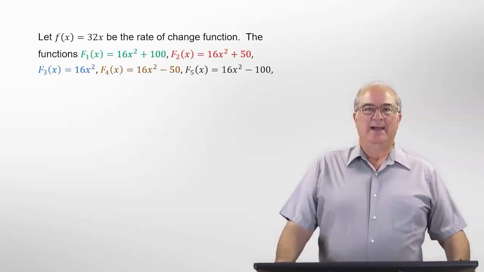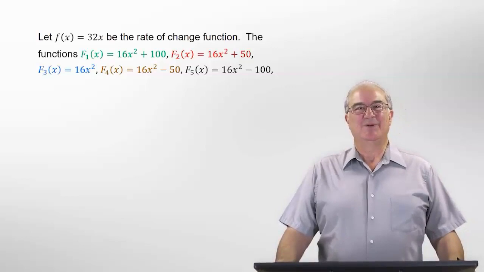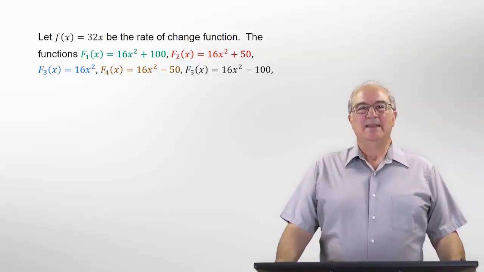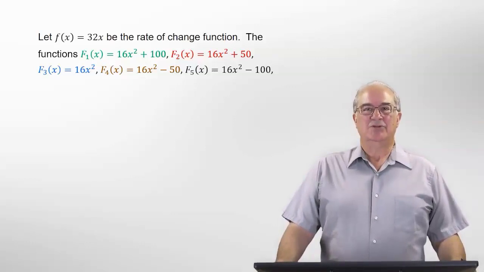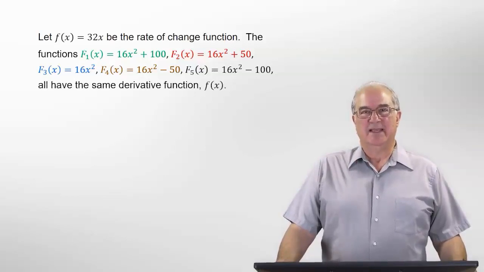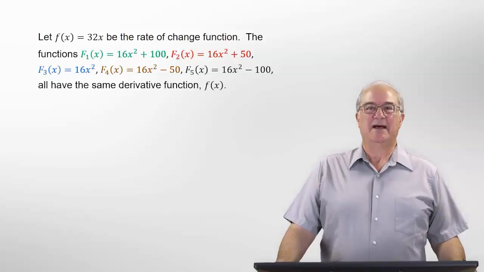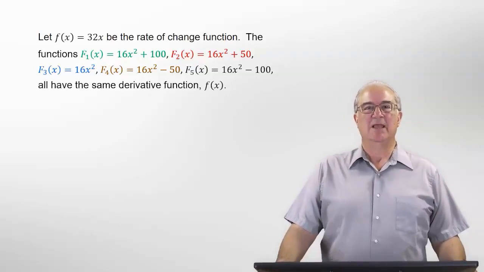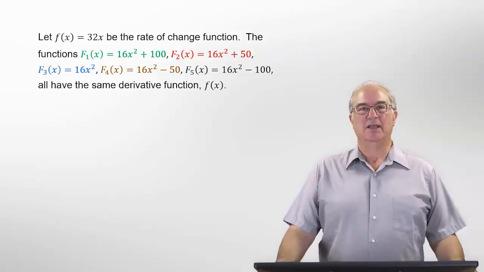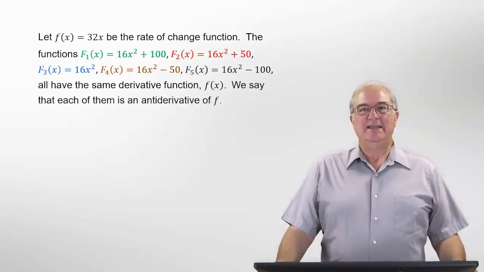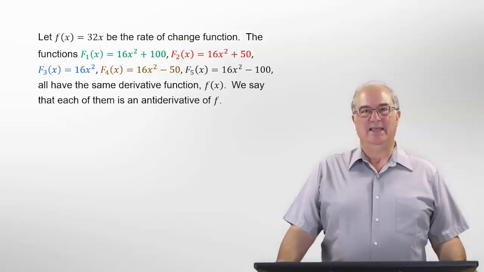So if we now look backwards, in a sense, to the 5 color-coded curves in the graph a minute ago, these are 5 functions whose derivative is the function we just named lowercase f. The derivatives of these 5 capital F1, F2, F3, F4, and F5 functions all have the same derivative function, lowercase f, and so we say that each of them is an antiderivative of lowercase f.